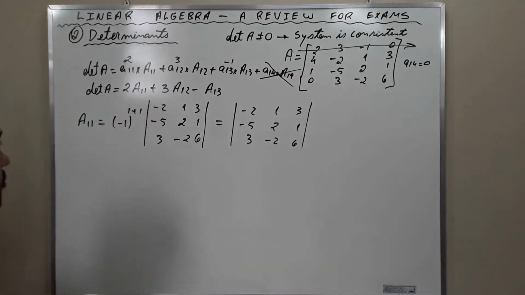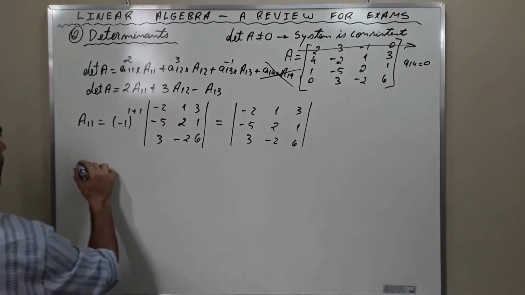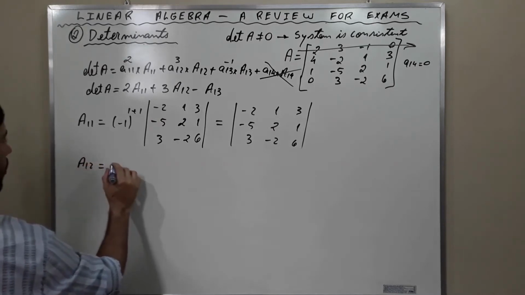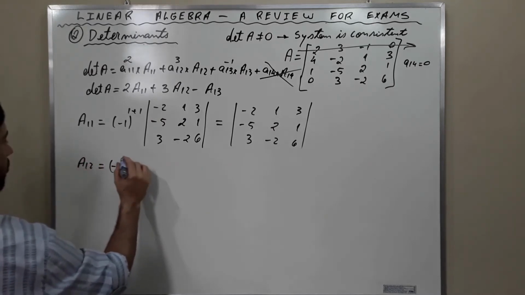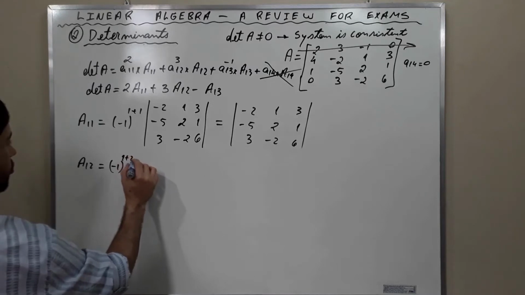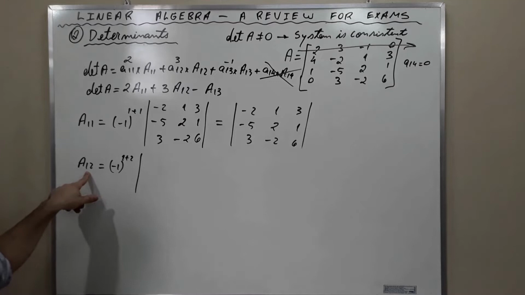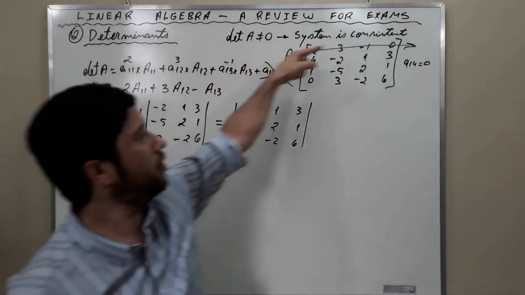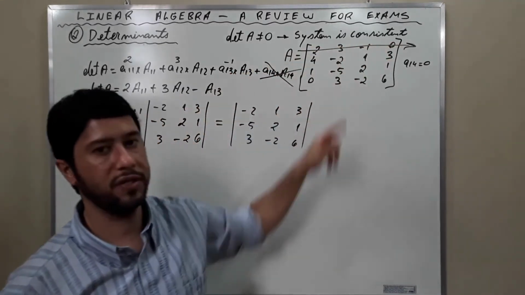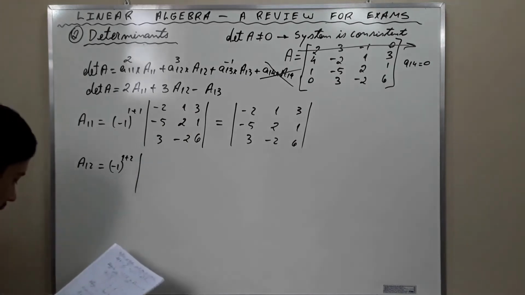Okay? Now let's go to this cofactor here. A12 is going to be -1 raised to the power of 1 plus 2. And we are going to remove from the original matrix the first row and the second column. Okay?